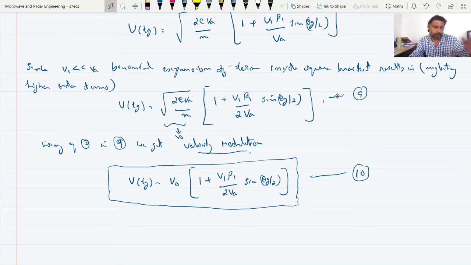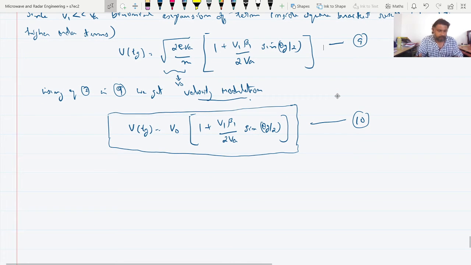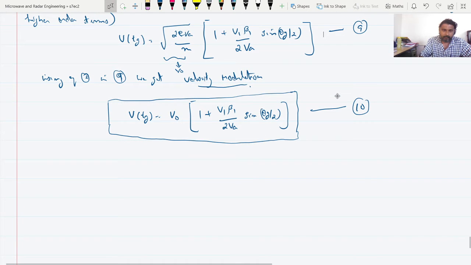I am continuing with that derivation from the previous video, and we stopped at the equation for the velocity modulation, that is given by V of Tg is nothing but V naught into 1 plus V1 beta 1 by 2 Va into sin theta g by 2. Okay, so this was the equation that we stopped at in the previous lecture. Let me continue from here.